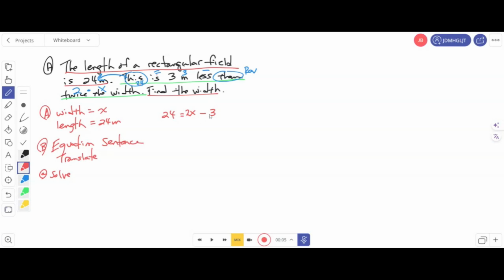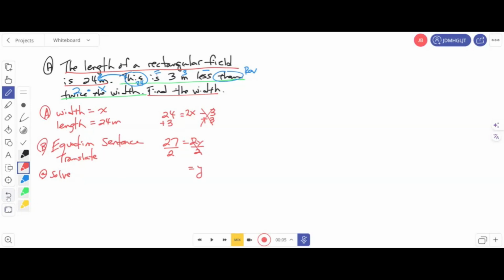Undo addition or subtraction. The 3 is being subtracted from the x. The 2 is multiplied. So we need to undo the minus 3 by adding 3. 24 plus 3 is 27. Then we divide by 2, divide by 2. The 2's divide out.